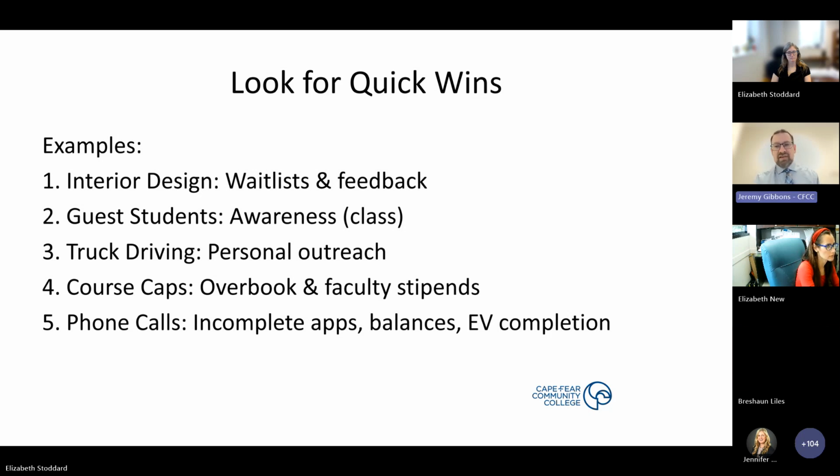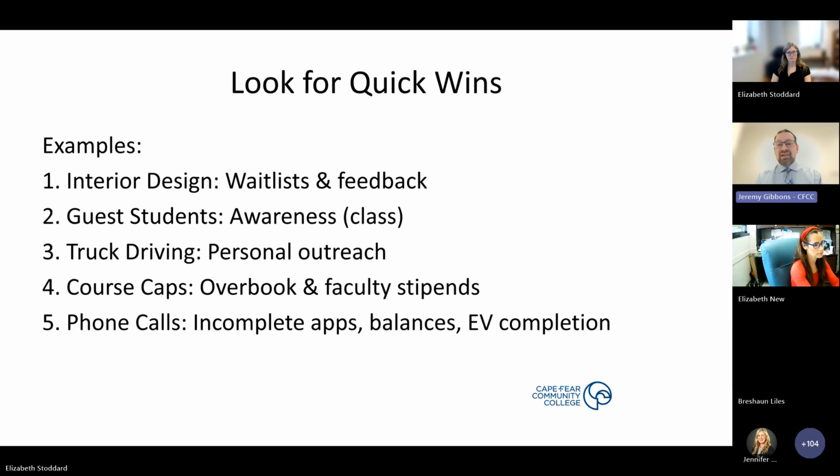Course caps. I know many of us look at, especially if it's online versus in person and things like that, of course, but specifically with course caps in online, we've worked collaboratively with our academic affairs colleagues to, where appropriate, increase the caps if we can. Some of our classes, the caps were a little bit lower.